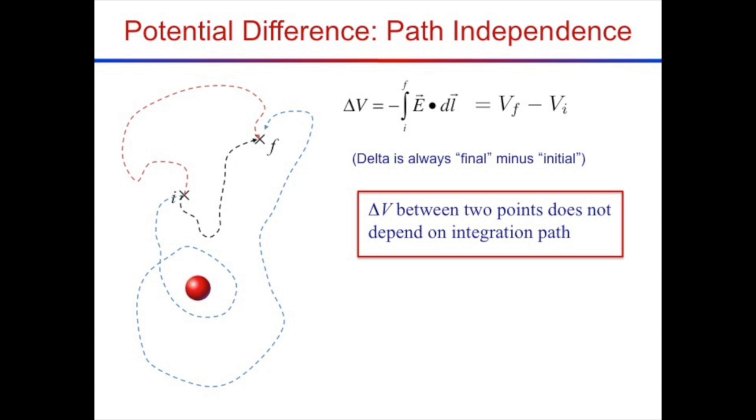That's going to equal Vf minus Vi. It turns out that I can take any path I want, right? If I just need to calculate Vf minus Vi, any path I draw in there, I'm going to get the same answer. So delta V between 2 points doesn't depend on the path you draw to integrate, which gives you a hint that, if you have freedom to draw this path, you should probably choose the easiest path you can in order to do your calculation.